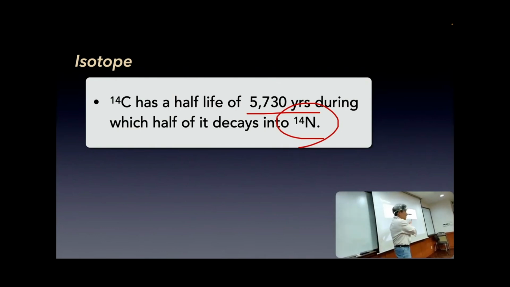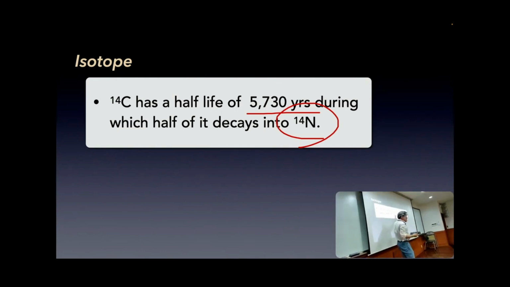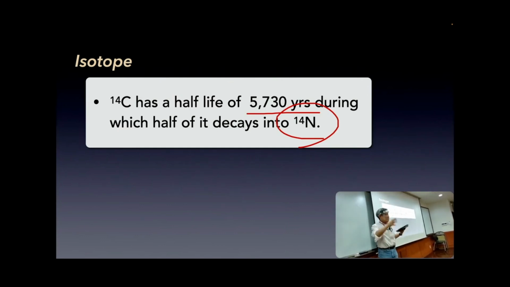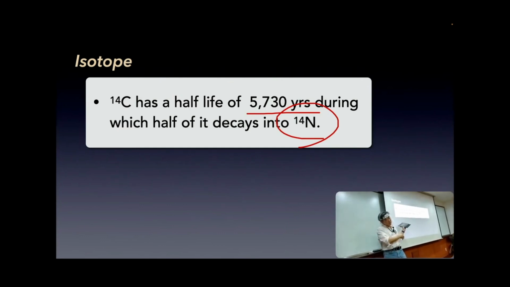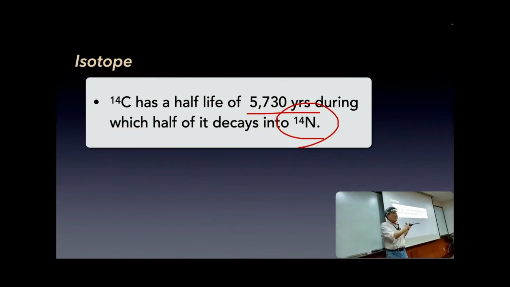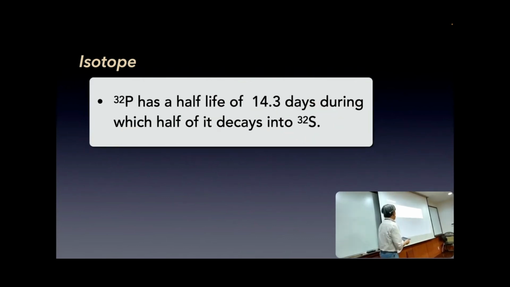It will take 5,000 years to erase half of this. So you have to be really, really careful. And maybe that is the reason why even in this country, in South Korea, in academia, no one can have a license to deal with C14. Okay. So that kind of stuff.